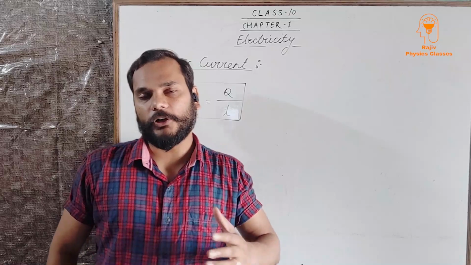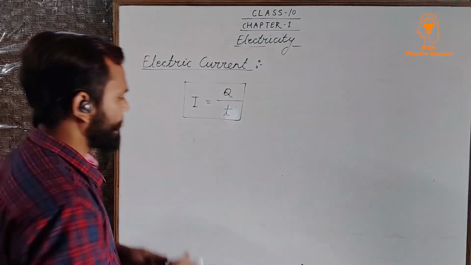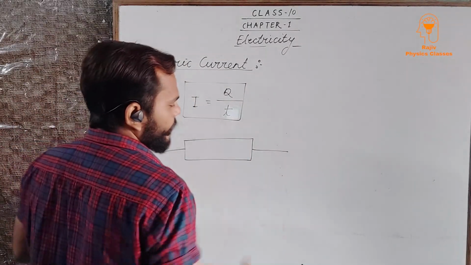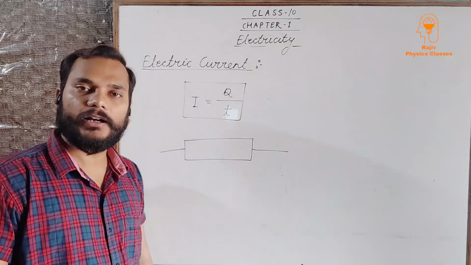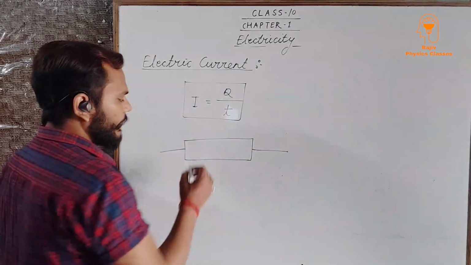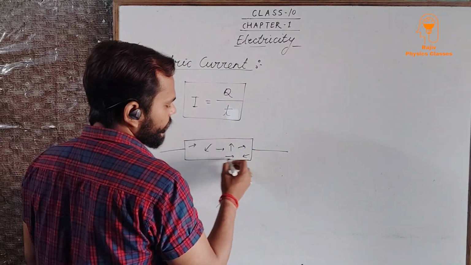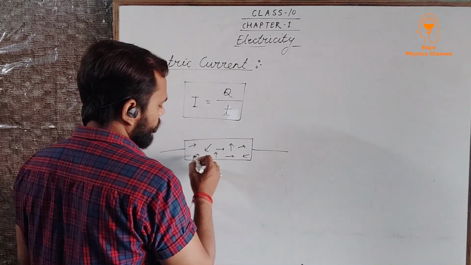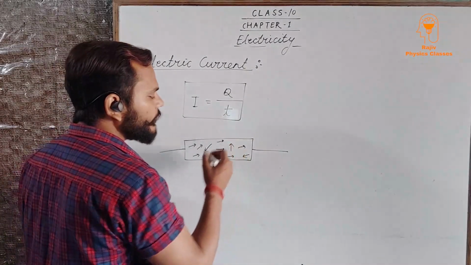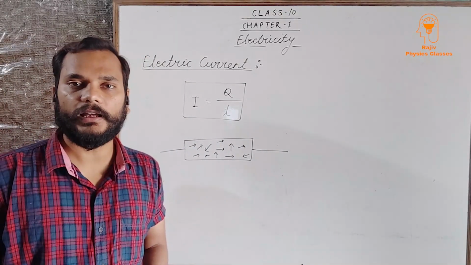But if we want to understand electric current, let us analyze it. Here I have taken a cross section of a wire, in which these are the electrons, which are uniformly distributed in this cross section of the wire.